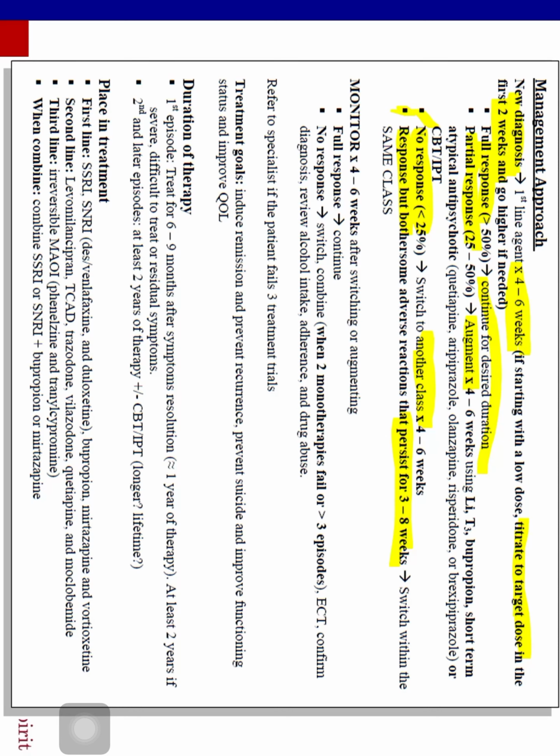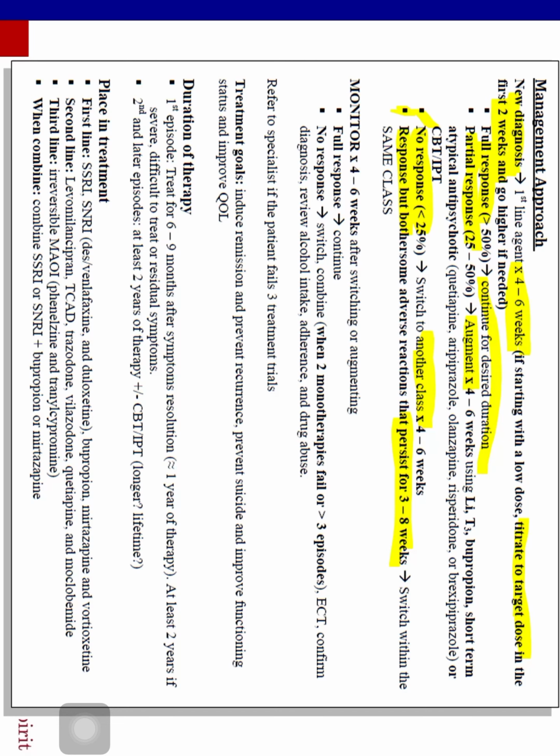So if the patient has no response defined by less than 25% improvement in symptoms, we switch to another class. We assume that the first line agent we used and the class of the first line agent is not the best class for this patient. In the second point, if the patient has response, but the patient develops bothersome adverse reactions that persist for 3 to 8 weeks, then we switch within the same class because the class is good.